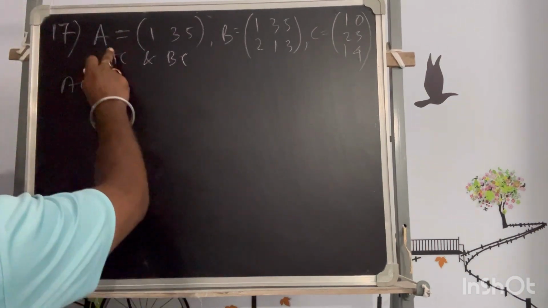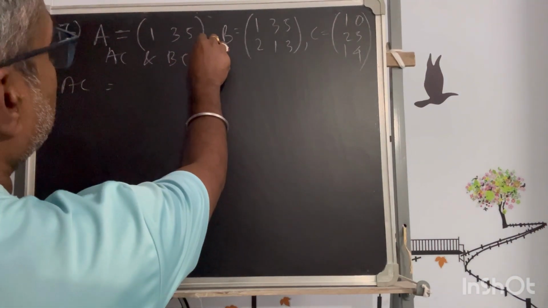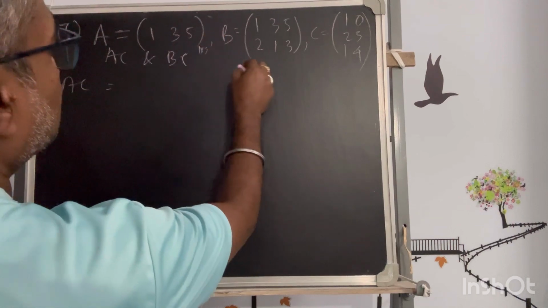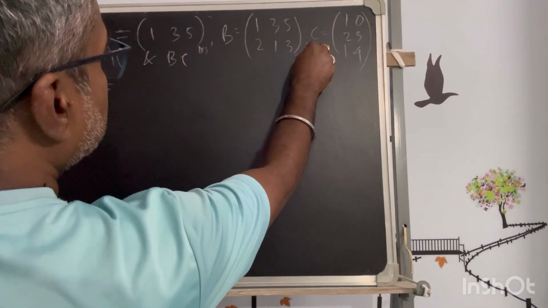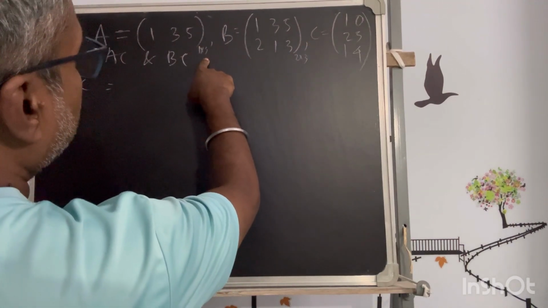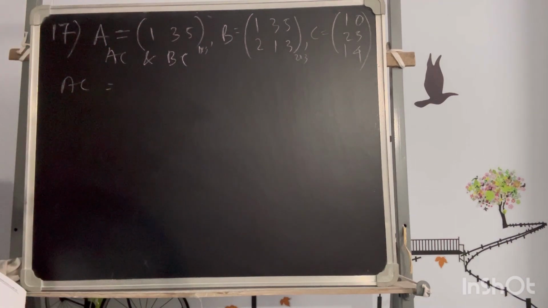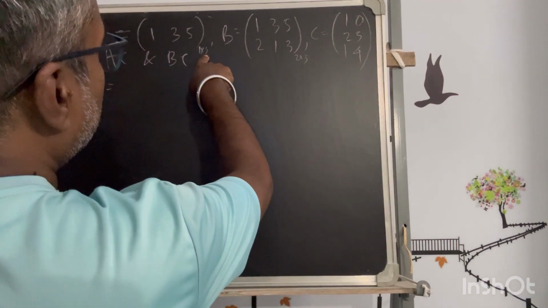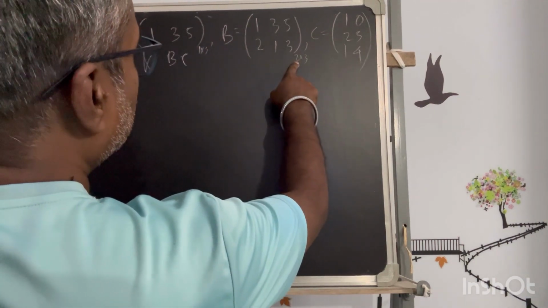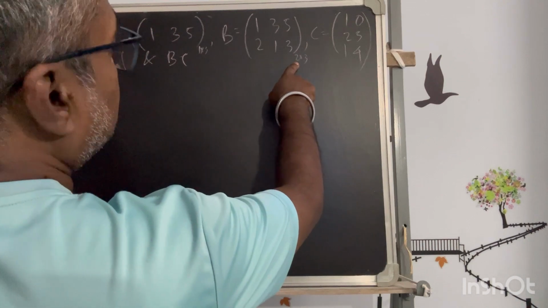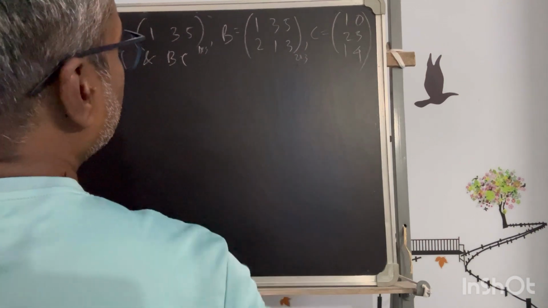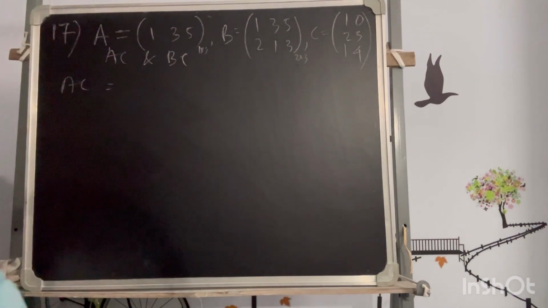So A is a matrix of order 1 cross 3 and this is 2 cross 3. For multiplication to be possible, the number of columns in the first and the number of rows in the second must be the same. Here they are not, so in this case the multiplication is not at all possible.